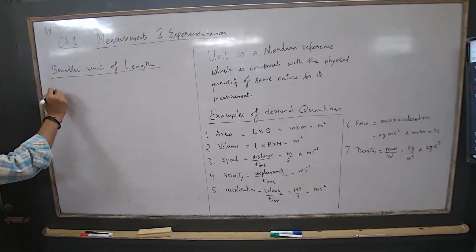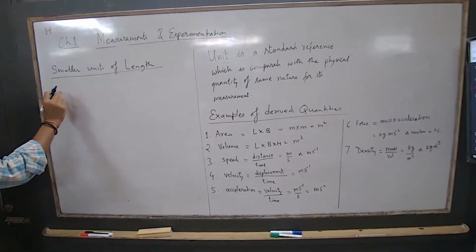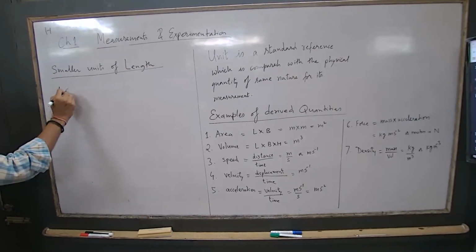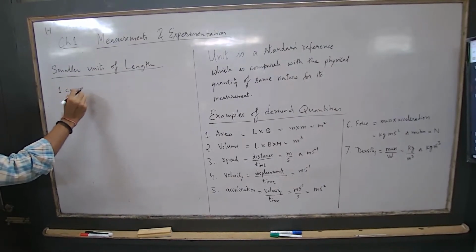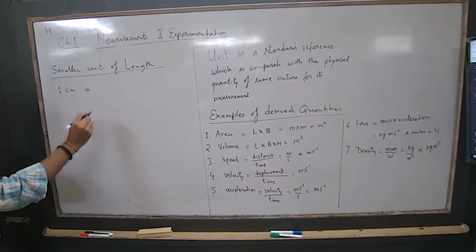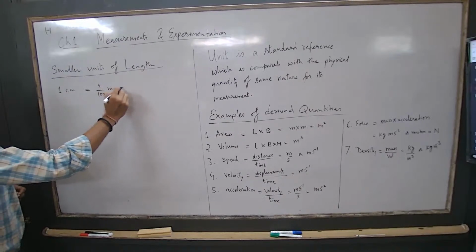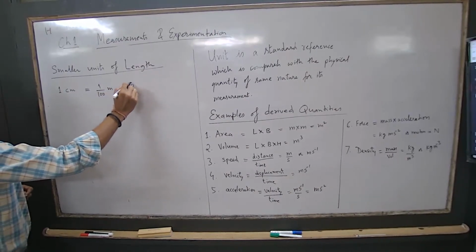You compare all the lengths with meter. First, 1 centimeter. How much is a centimeter? 1/100 of a meter. So you express it as a power of 10.